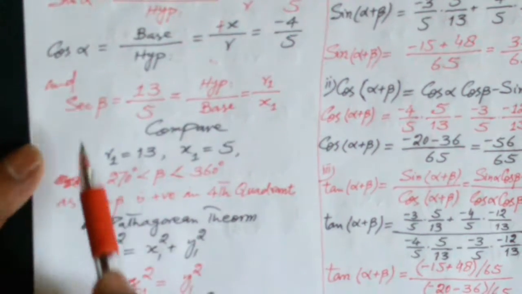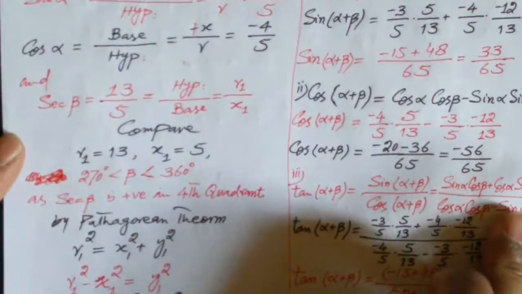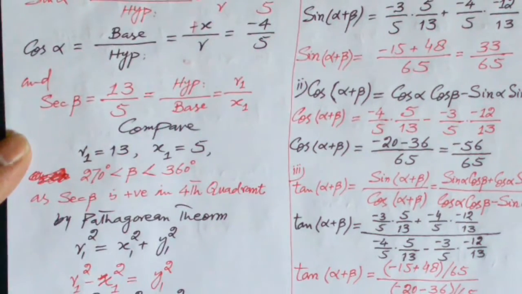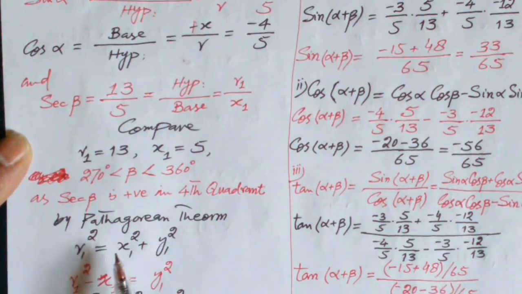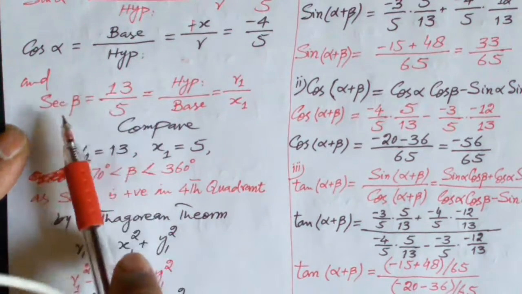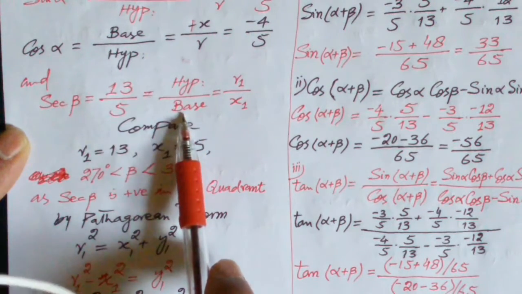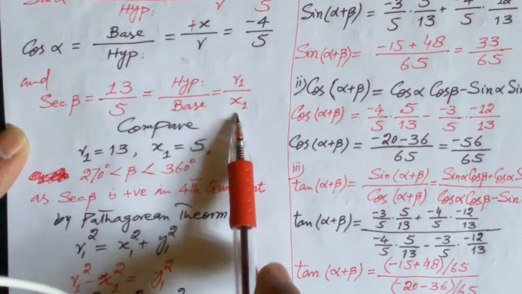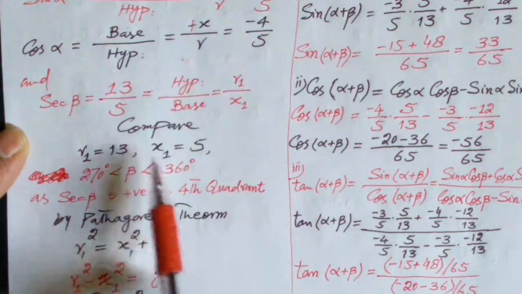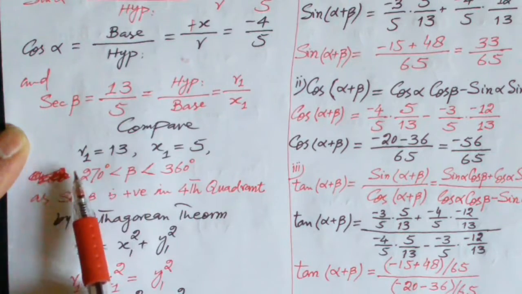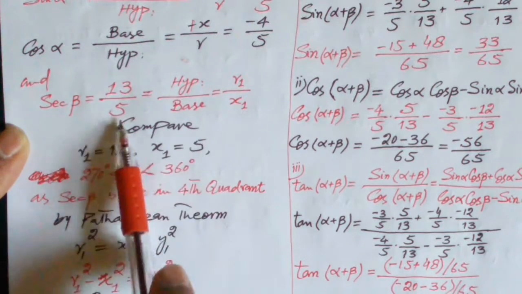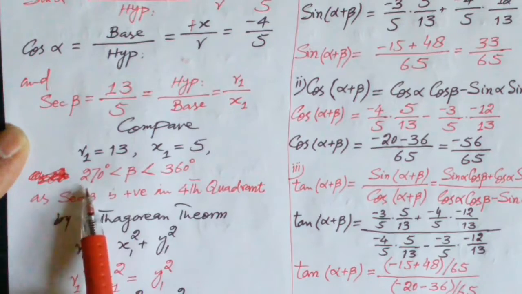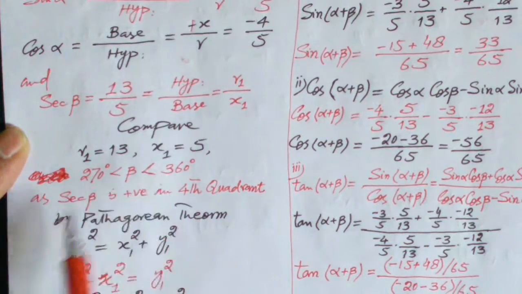We have secant of beta equal to 13 divided by 5, which is equal to hypotenuse divided by base. The hypotenuse is denoted by r1 and the base is denoted by x1. Comparing, we have r1 is equal to 13 and x1 is equal to 5. Beta is in the fourth quadrant.